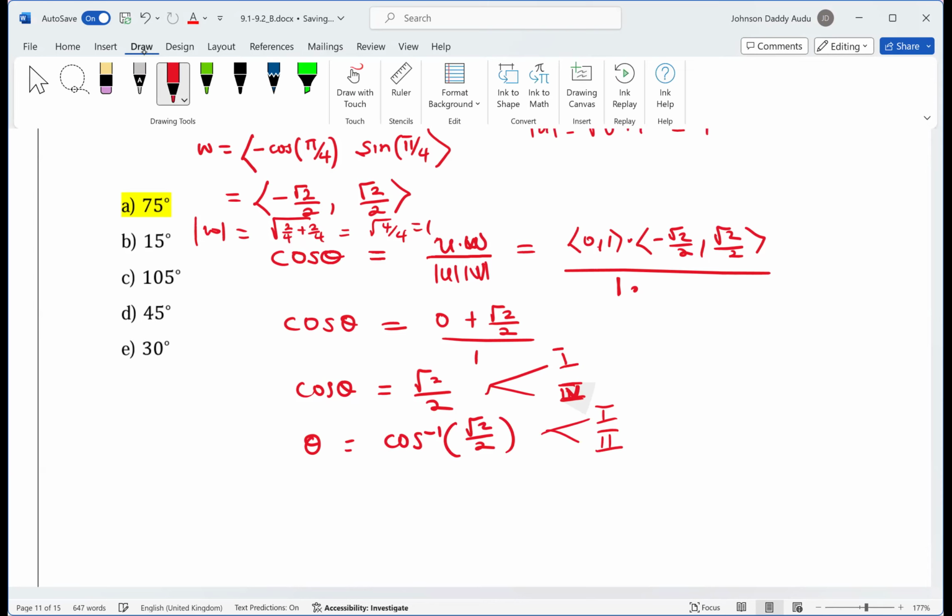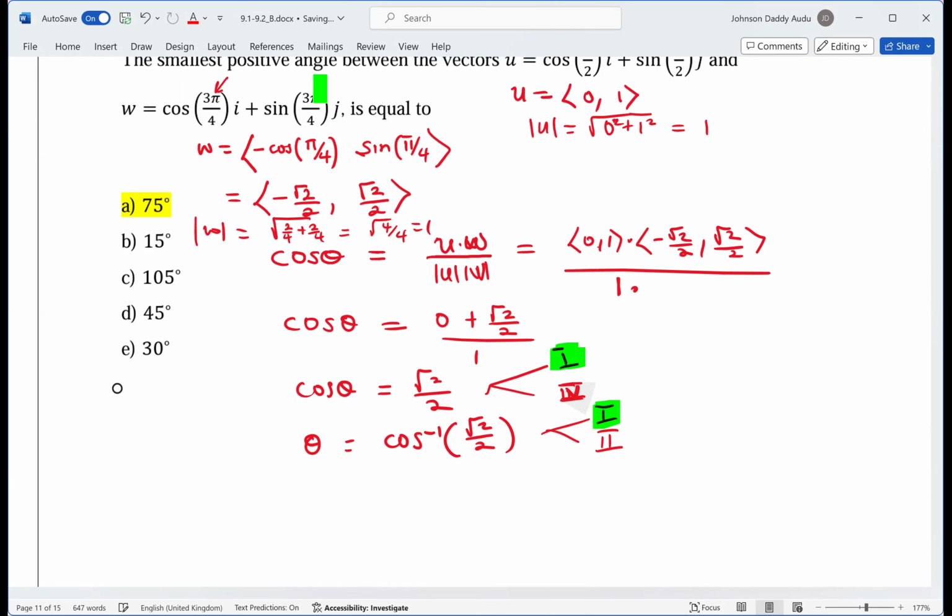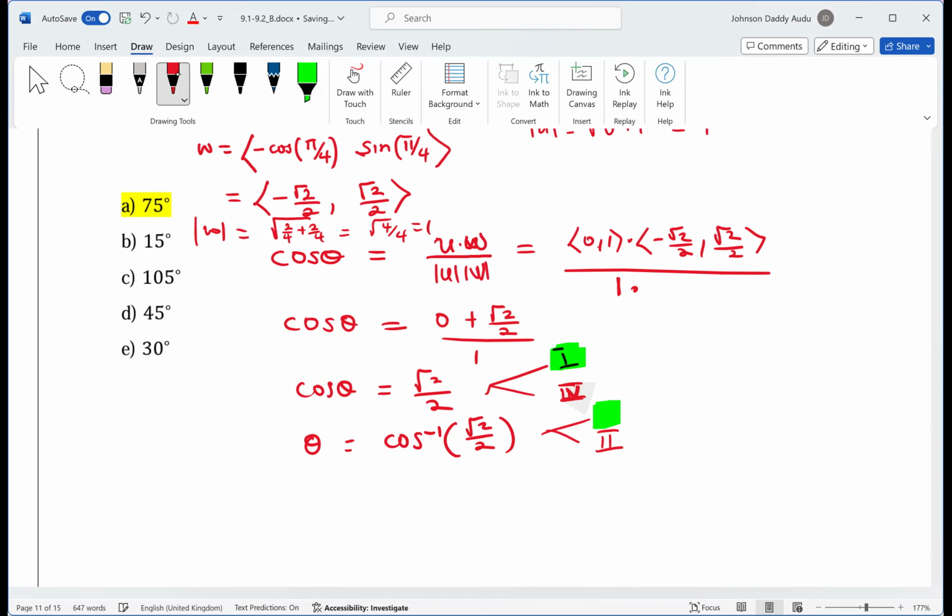This is bringing us to 6.5. So we have to take the what? The first quadrant. Now, the first thing we do is we look for the reference angle. So what is our reference theta? Our reference theta is just going to be 45.